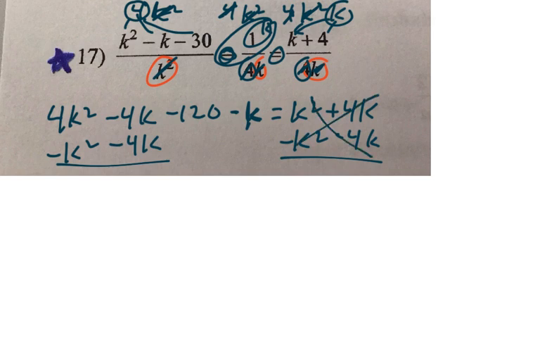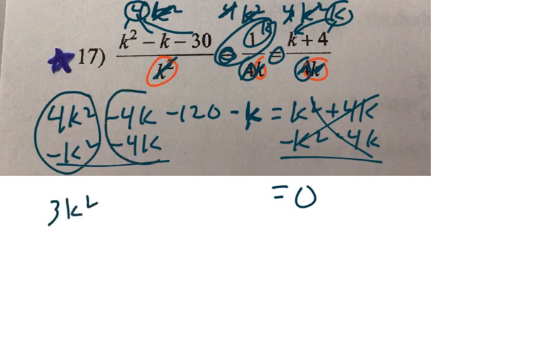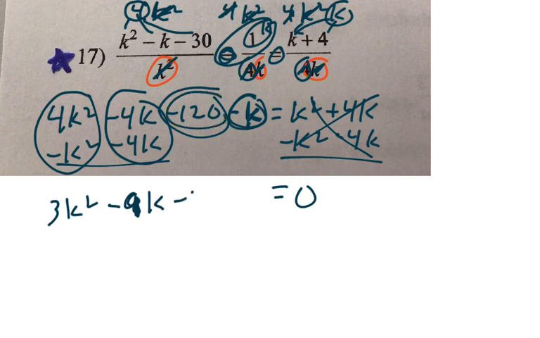So on the right, I know it's 0. On the left, 4 minus 1 is 3k squared. Minus 4 is minus 8k. Oh, minus k would be minus 9k, right? Minus 4 minus 1 is minus 9. And a minus 120.